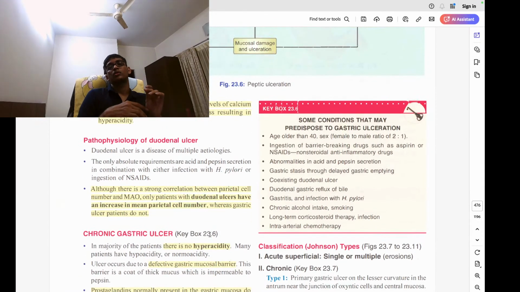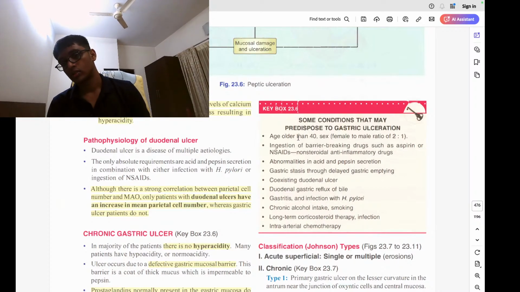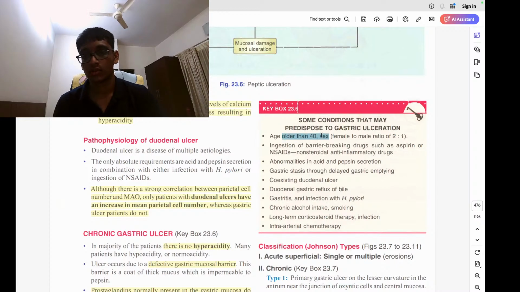Some conditions that may predispose to gastric ulceration are age older than 40, and sex, with females more affected, okay.